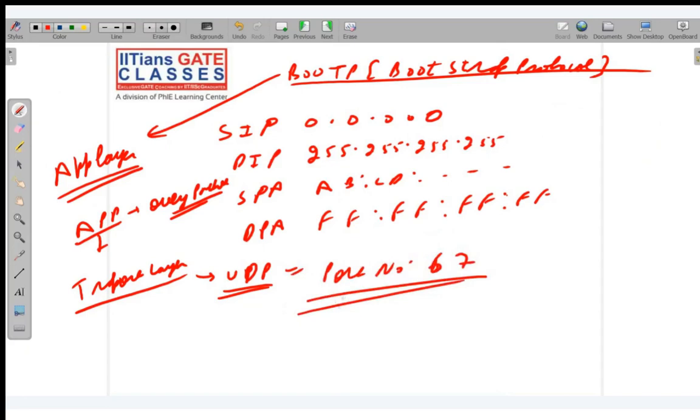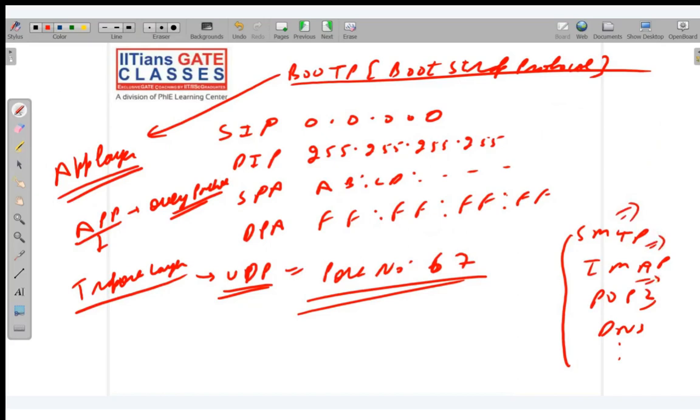Now in the application layer we have to study very few protocols like SMTP, simple mail transfer protocol, IMAP, POP3, and DNS. So total 4 to 5 protocols are there. Don't worry, we will study them. For each and every protocol, port number has been asked many times in match the following: SMTP which port, IMAP which port, POP3 which port, DNS which port, and so on.